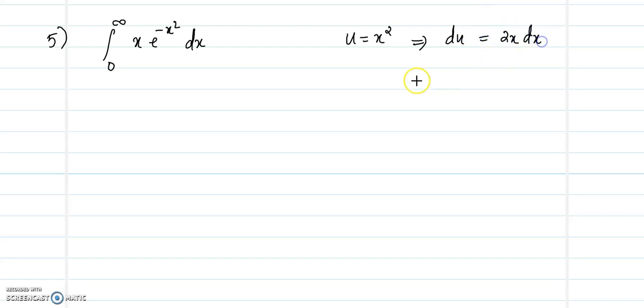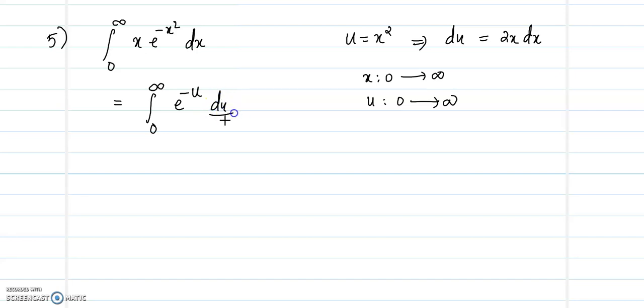And next question we have the integral from 0 to infinity of x e power minus x square dx, and here we will use a substitution u equal to x square. So du will be equal to 2x dx, and x varies from 0 to infinity. So u will also vary from 0 to infinity. So we will get the integral from 0 to infinity of e power minus u, and x dx will be equal to du by 2.